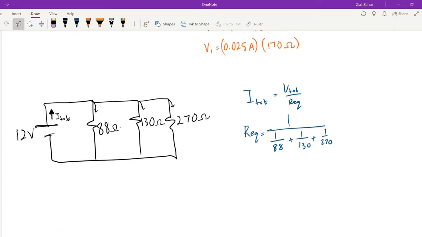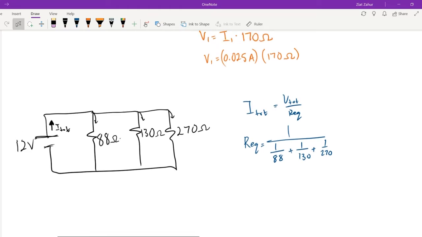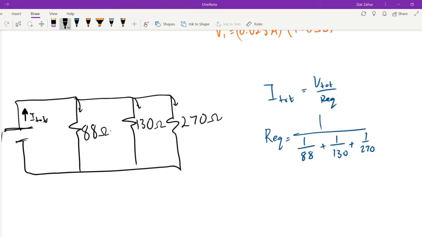Right. What is the current flowing through? Now, let's label them. Let's call this R1, R2, R3. Because they are parallel, we know the currents add up to the total, but what we also know about parallel is that the voltages are the same.